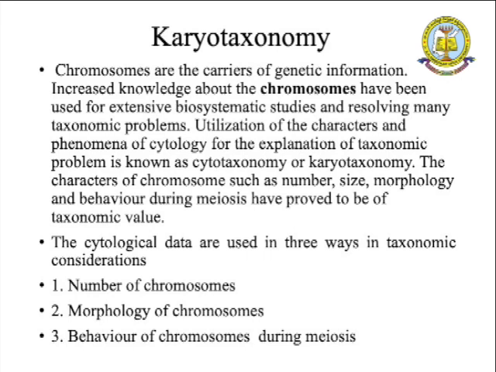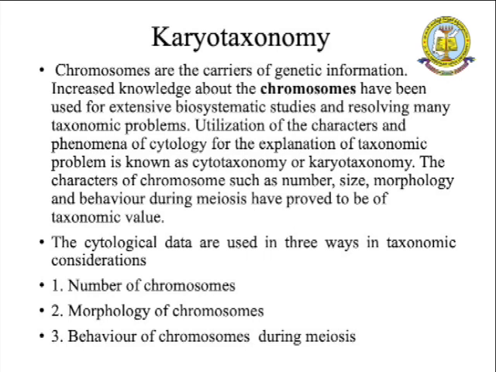Cytotaxonomy mainly involves internal structure and cytological studies. The characters of the chromosomes, such as number, size, morphology and behavior during meiosis, are studied. Especially the chromosomes at the meiosis stage can be studied in karyotaxonomy based on size, length, and arrangement of the chromosomes.